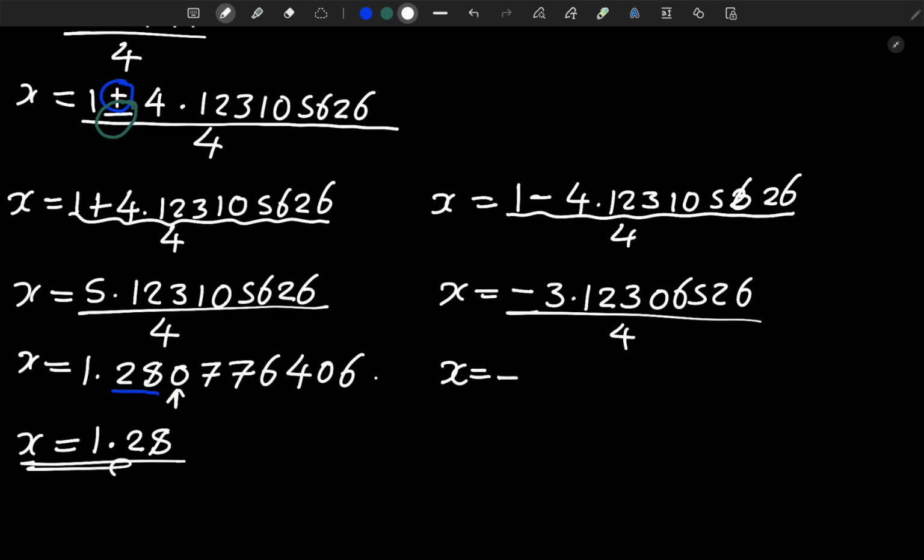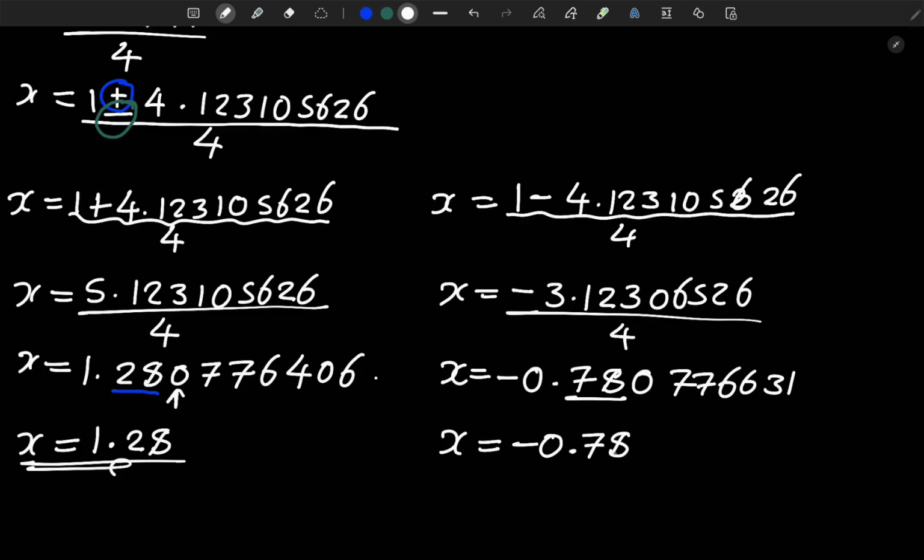So I'm getting negative 0.78077661. Then x is equal to, so two numbers, negative 0.78. So these are the two values.